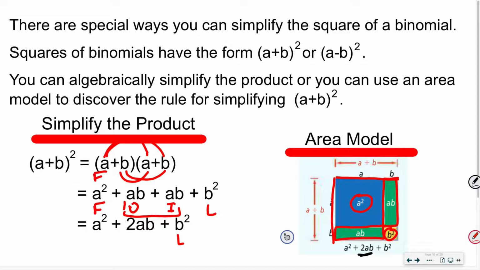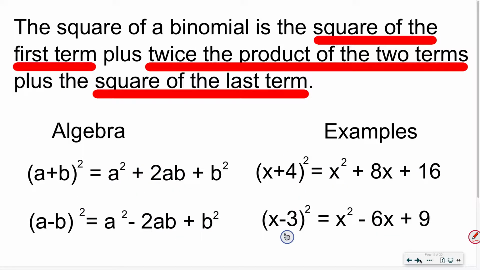So if you ever needed, or felt like you could square a binomial faster, your pattern would be this. It's going to be broken out more on the next slide, for those of you that are writing. The square of a binomial is the square of the first term plus double or twice the product of the two terms in the binomial plus the square of the last term.